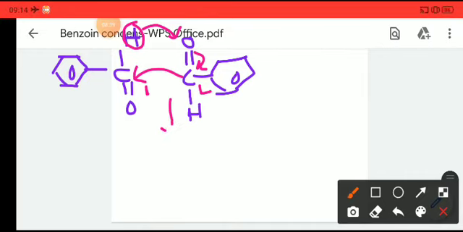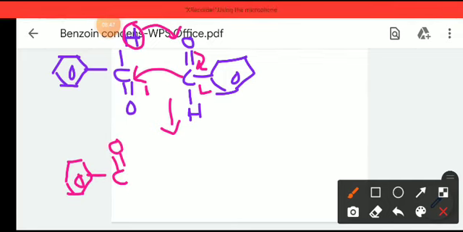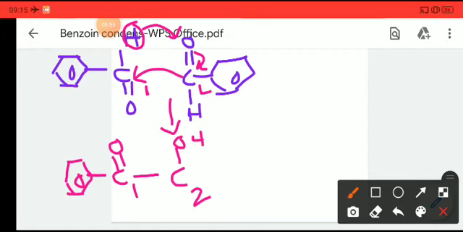So what will the product be? Suppose this is a benzene, and this double bond O I have written here only. Okay, and this is carbon number 1, and this is carbon number 2, and here the OH will be there, because this hydrogen is being bonded with oxygen. So this is OH, and this is the H. This H is this H only, and this is the benzene.